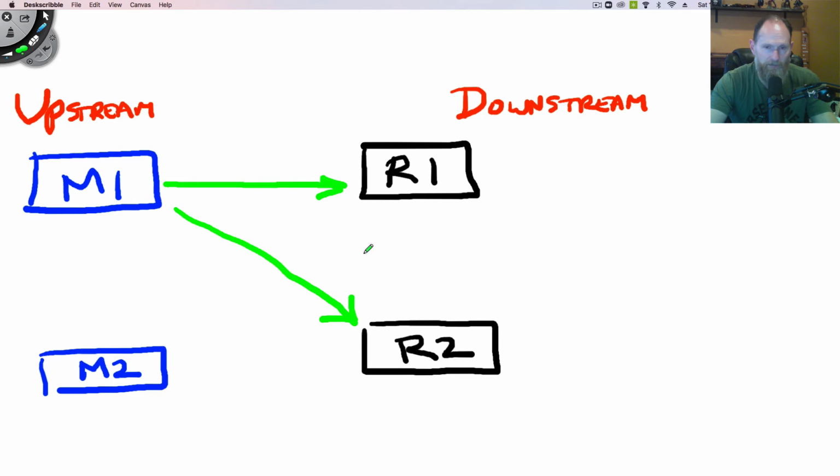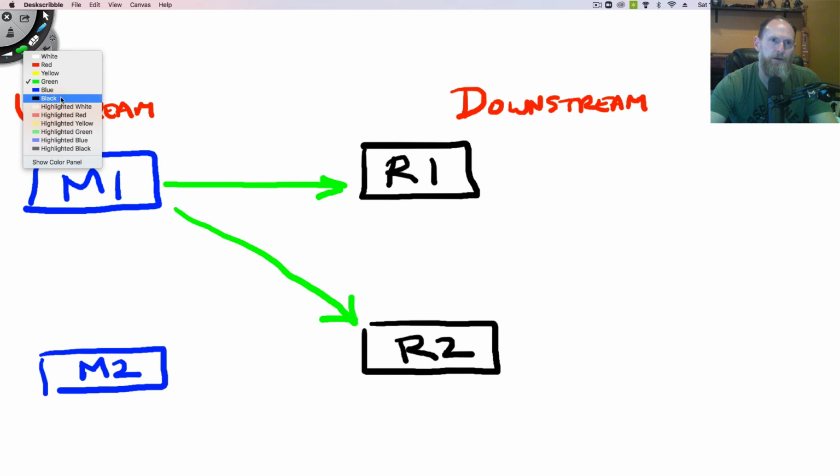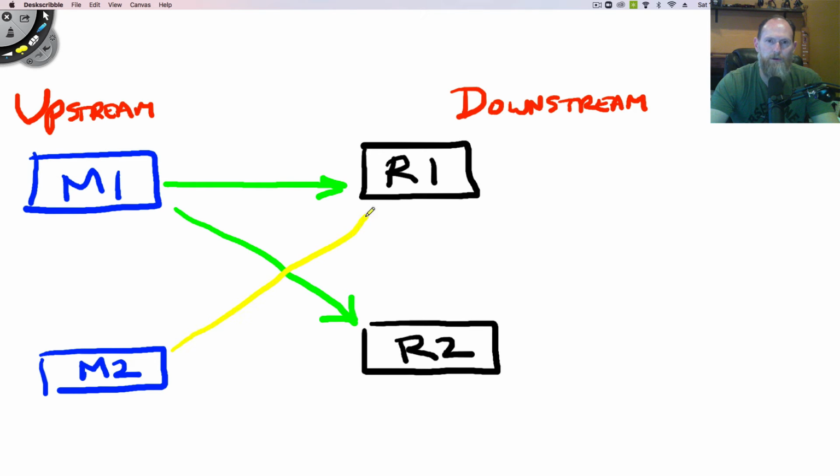Let's say that we have that in the narrative and we're just putting it into a drawing. And by the same token, we could ship product from manufacturer 2 to retailer 1, and from manufacturer 2 to retailer 2.